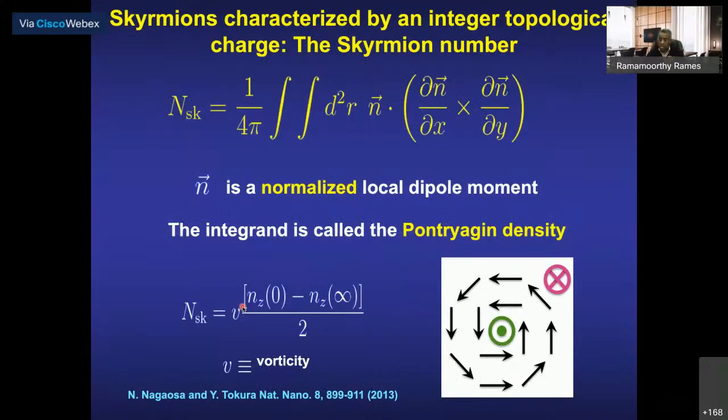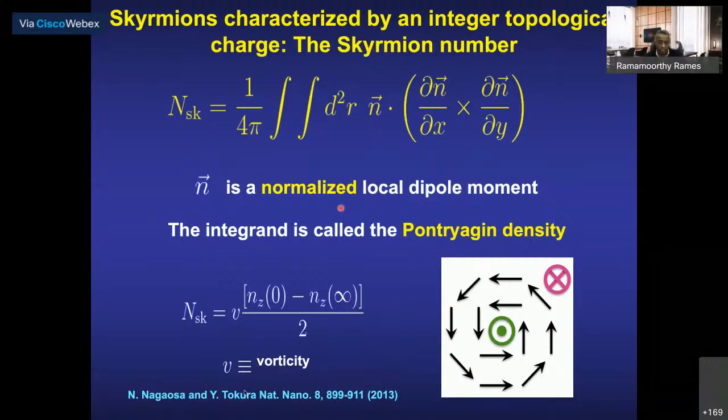But it turns out that even with the existing degree of order, we could do a lot of things with this. You can characterize the magnetic skyrmions. You can name the skyrmion number, which is this integral over the surface of the skyrmion. And this term is called the Pontryagin density.